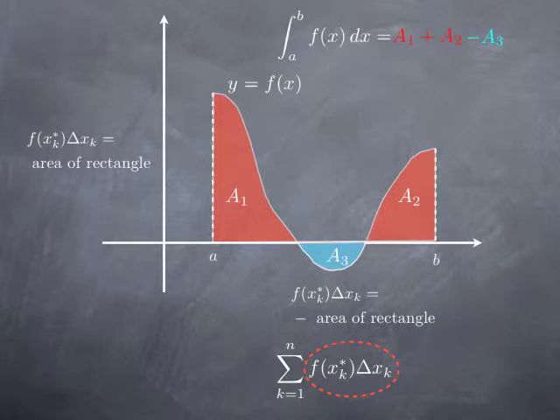I get a1 plus a2, and then I subtract the area that is enclosed between the graph and the x-axis but is below the x-axis. I get this a1 plus a2 minus a3.